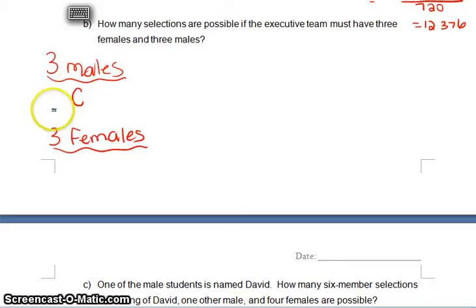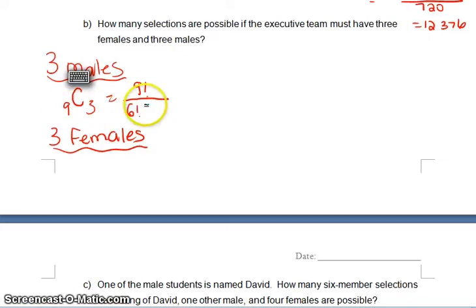There are 9 males in total, so n is 9, and we're only choosing 3 of them, so r is 3. Plugging that into our equation, we have n factorial, which is 9 factorial, divided by n minus r, which is 9 minus 3, so 6 factorial, times r factorial, which is 3 factorial.